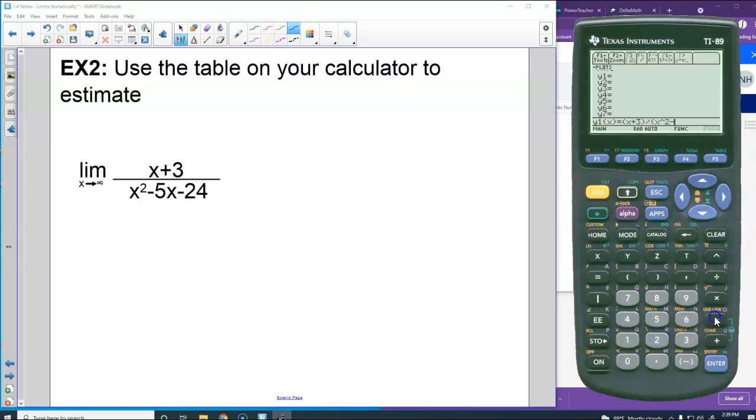Well, there's an infinity button. Sometimes if you hit enter while it's graphing, it pauses it, and it won't let you do anything until you hit enter again.